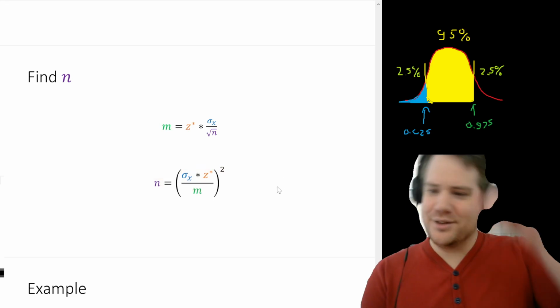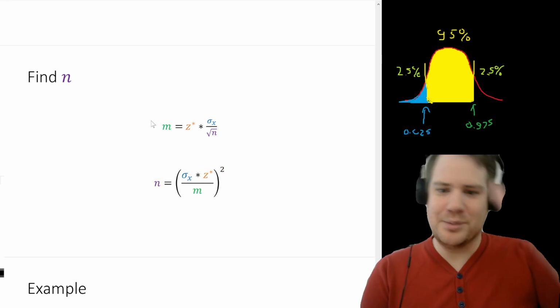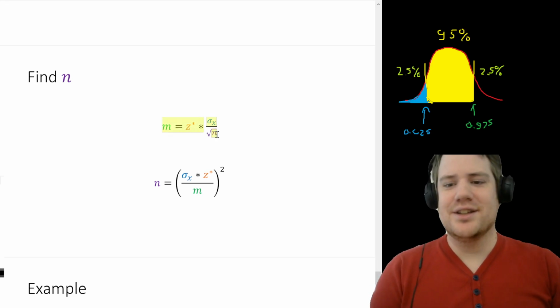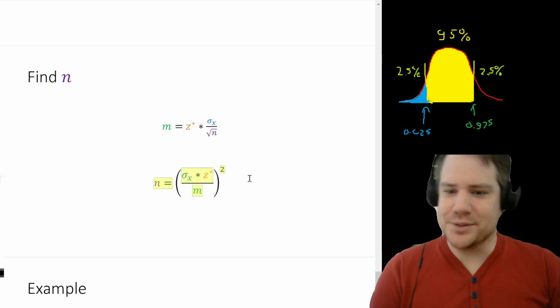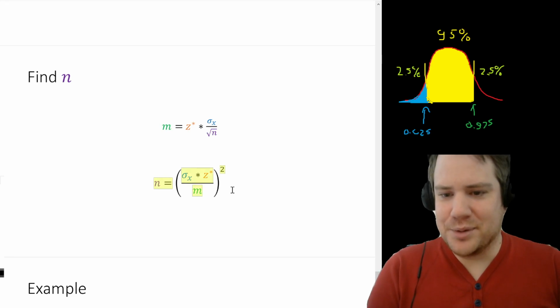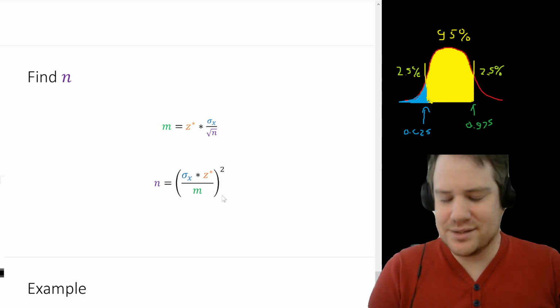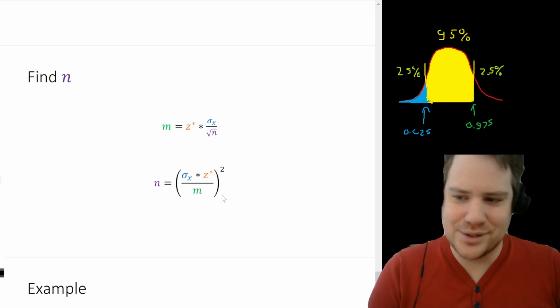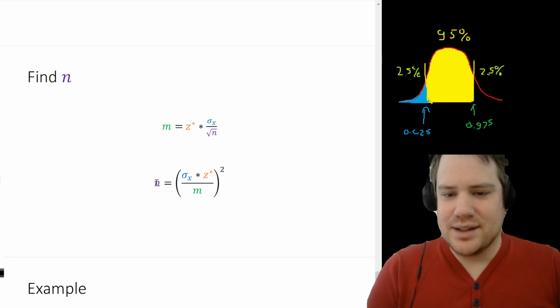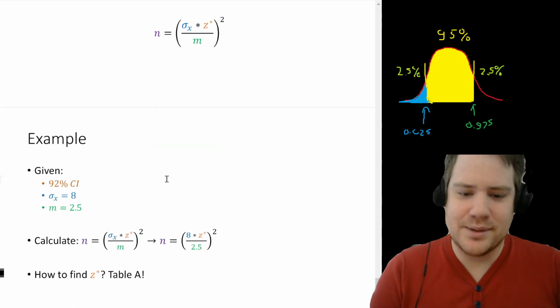I didn't write out all the algebraic steps in the middle, but the point is that you can transform this formula into this one, and as long as you remember the final outcome, you're all good. You're not expected to transform it by hand. That's not part of the exam. It's not that interesting. This is the final outcome that we're interested in, because then we can fill in all of this and find what sample size we need.